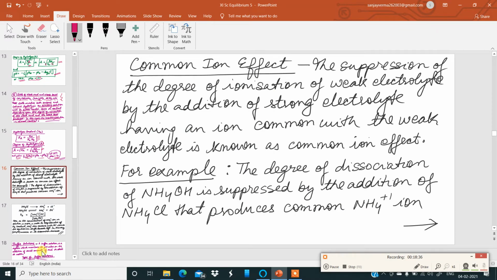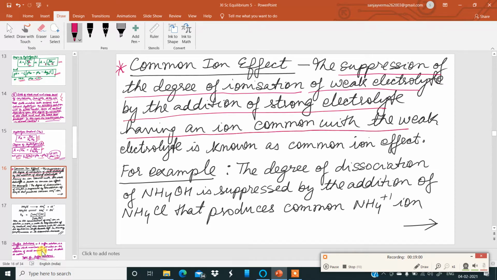Now the other very, very important concept to be understood in this chapter is called common ion effect. The suppression of the degree of ionization of a weak electrolyte by the addition of a strong electrolyte having an ion common with the weak electrolyte is known as common ion effect.